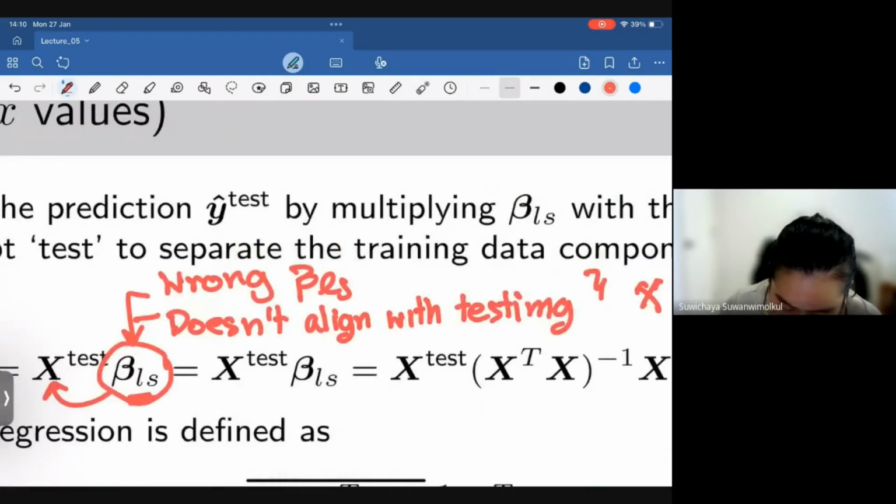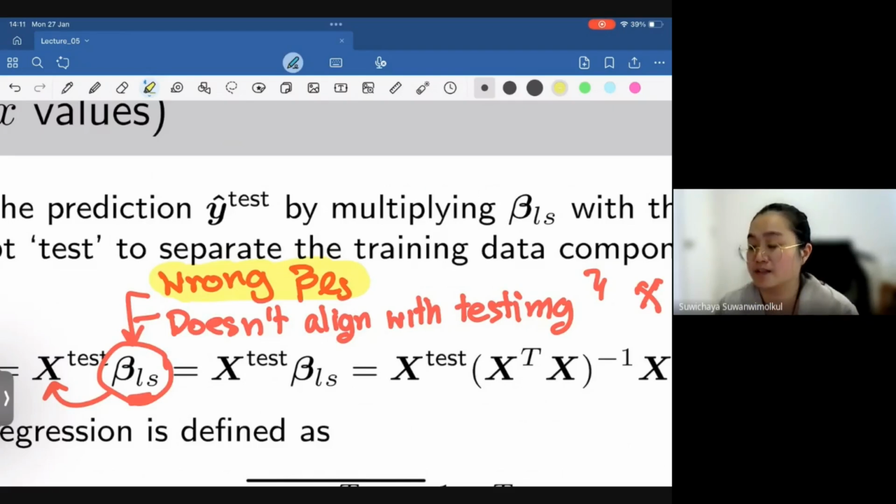Probably you would ask me why I say what if your beta ls is wrong. In this case, maybe the procedures we've done to get the beta ls could be wrong. It could be a pure miscalculation, or there are certain assumptions you add into how you get beta ls that are not correct.